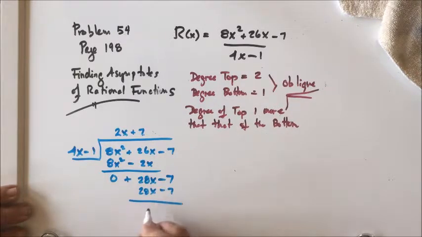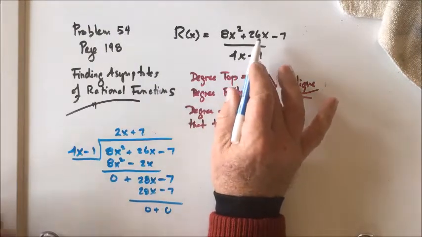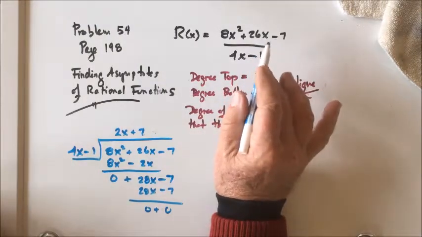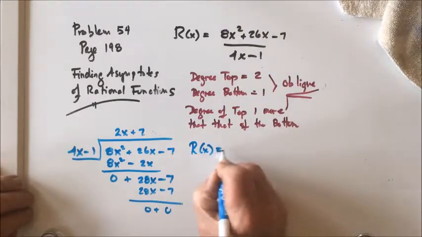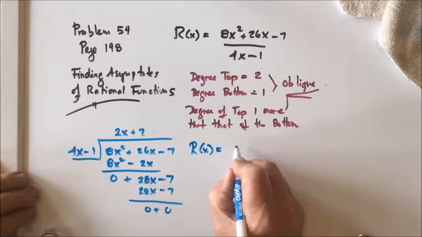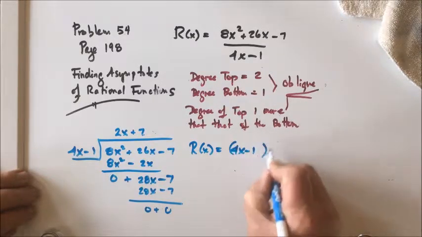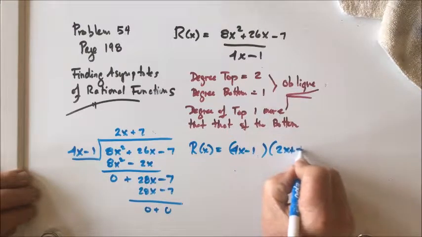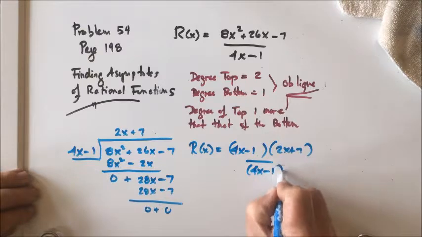This is a little bit of a strange case because I didn't recognize that 4x minus 1 actually divides into this top. So what we have is r of x is actually 4x minus 1 times 2x plus 7, all divided by 4x minus 1.